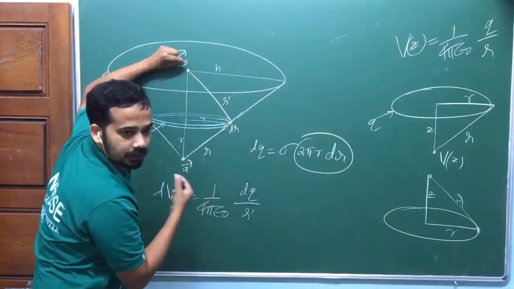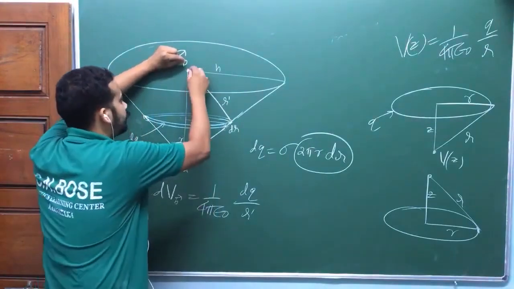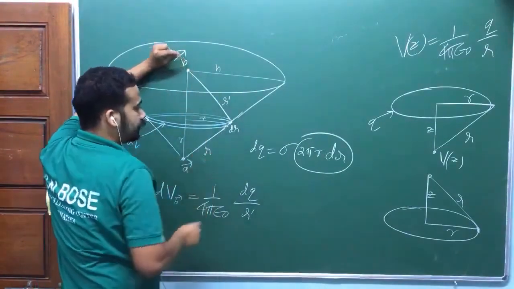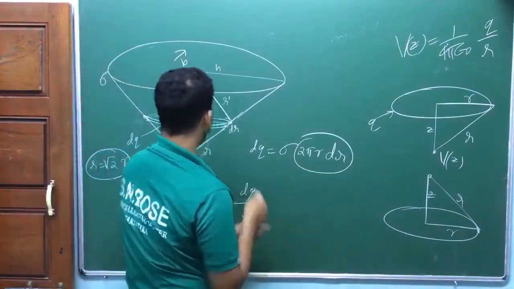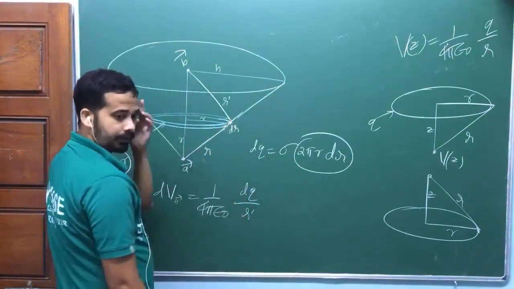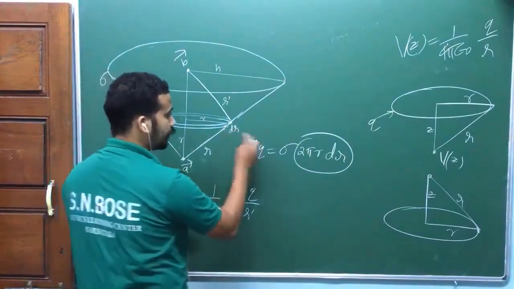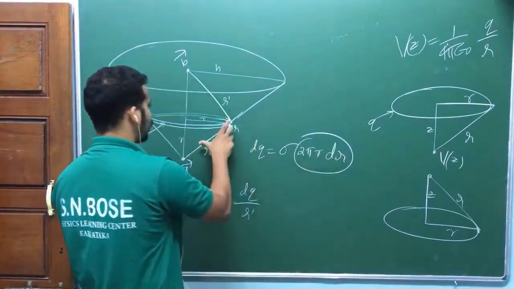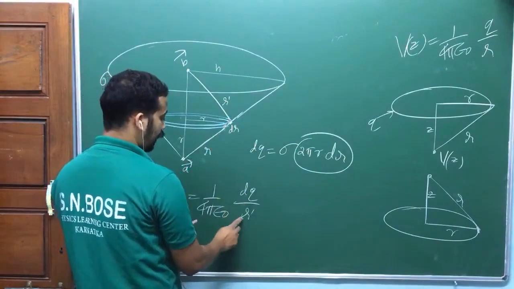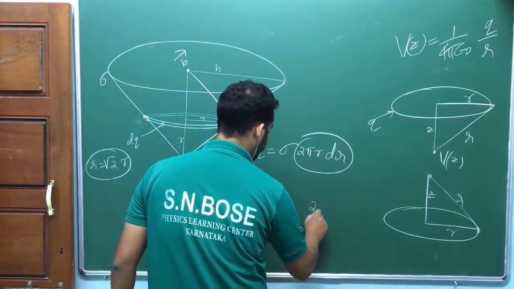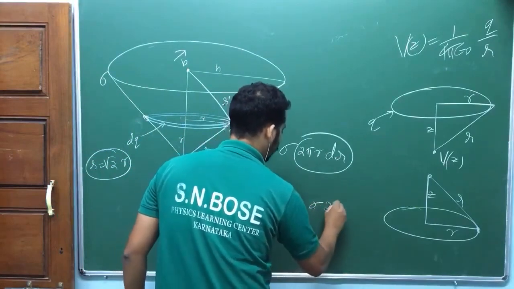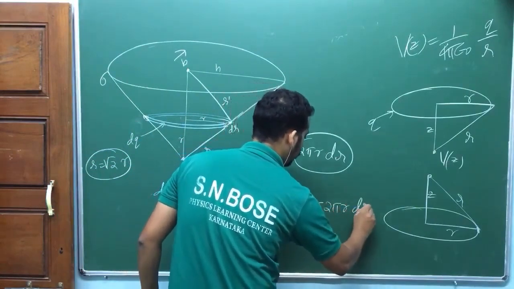That is quite difficult; you may need to define some angle here. But dq is related to this r, so dq is equal to sigma into 2 pi r into dr.